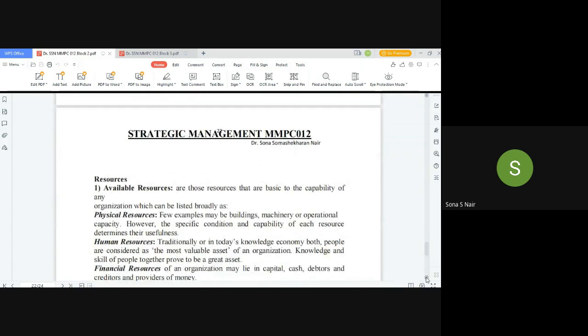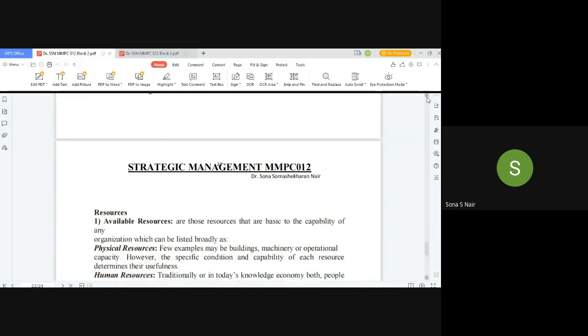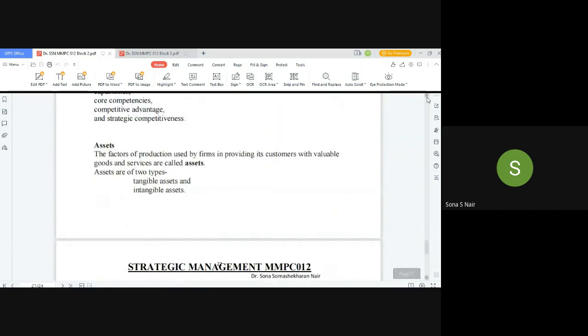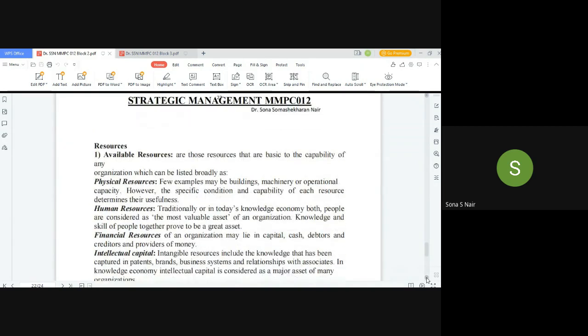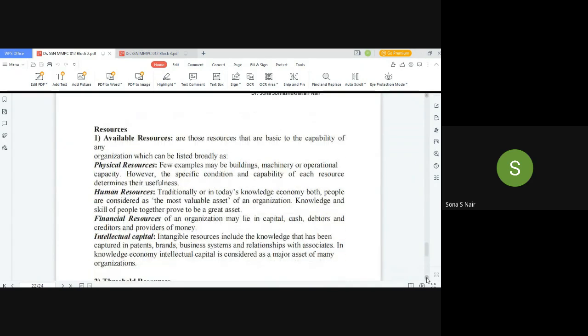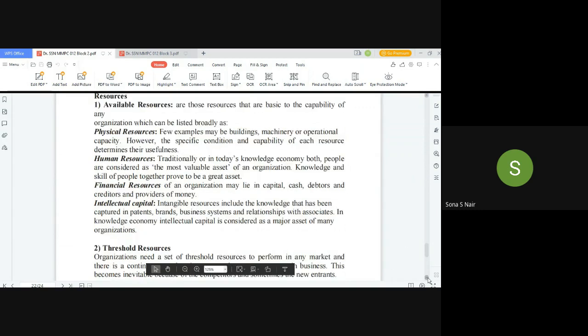Resources can again be divided. Now, assets can also be termed as resources of the organization. Now, what kind of resources can an organization have and what needs to be looked at? We can have available resources. We can have a lot of physical resources, which would mean buildings, machinery, our factory setup. Human resources could be our people, which is obviously the most valuable asset.